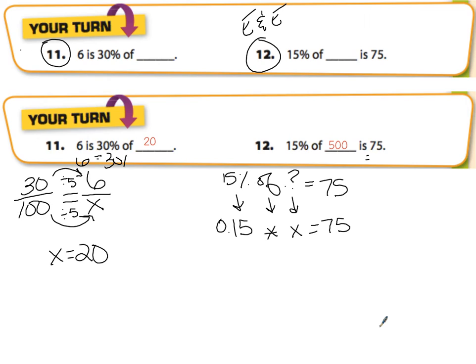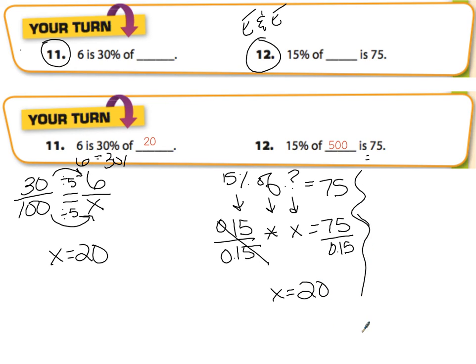And is always going to be my equal sign. I end up dividing both sides by 0.15. These cancel each other out, and X is equal to whatever the answer is, which in this case gave us 500. Now, since I know that we might not necessarily have covered equations yet, I know that this is a little confusing. Some of us may be ready for it though.